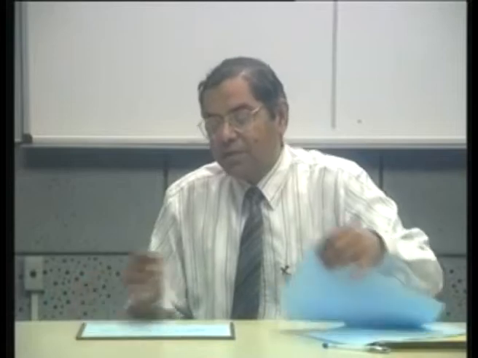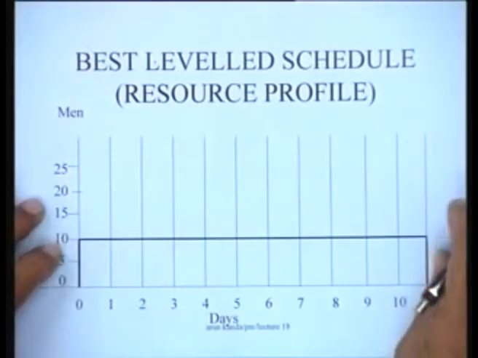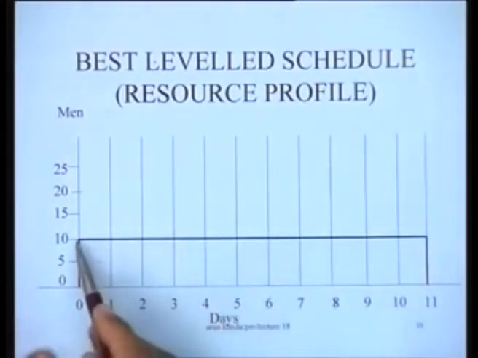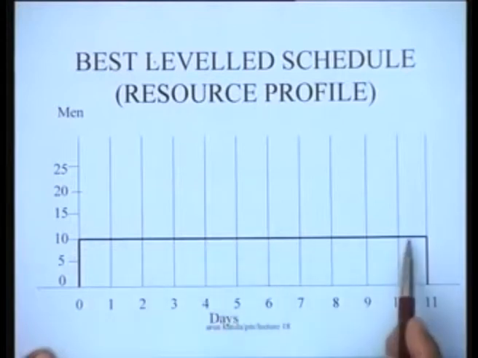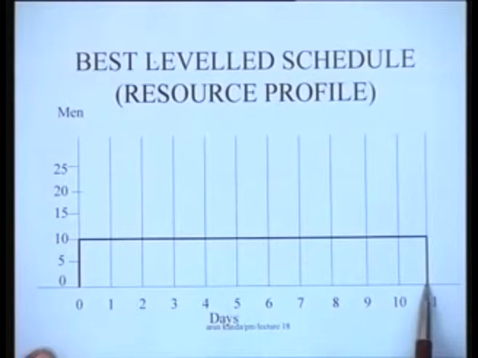So the best leveled resource profile in this case, corresponding to this schedule, is a perfectly leveled resource profile, and 10 men are required throughout the time duration of 11 days for this particular project.